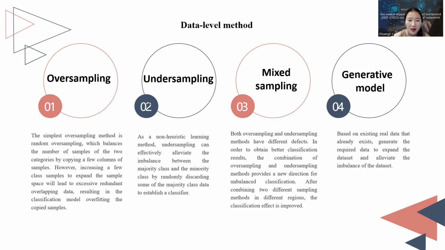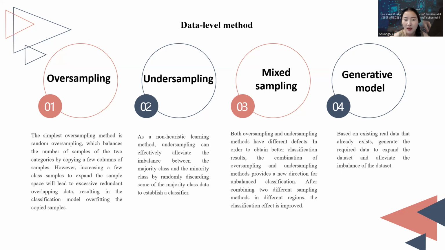Undersampling can effectively alleviate the imbalance between the majority class and the minority class by randomly discarding some of the majority class data to establish a classifier.